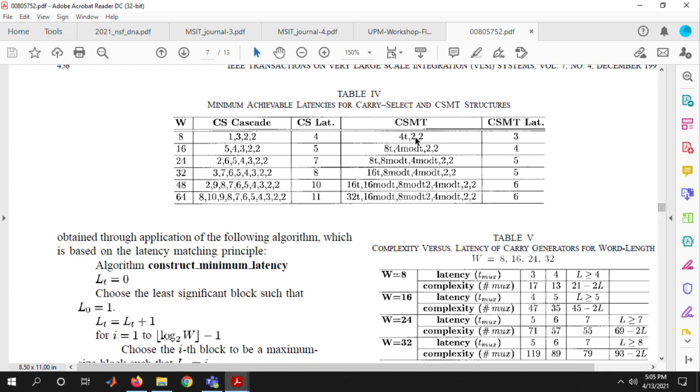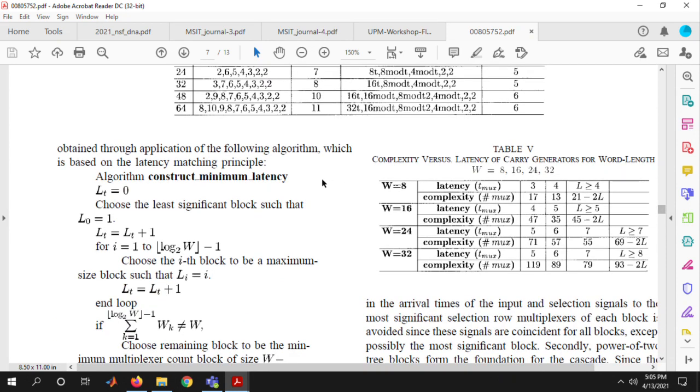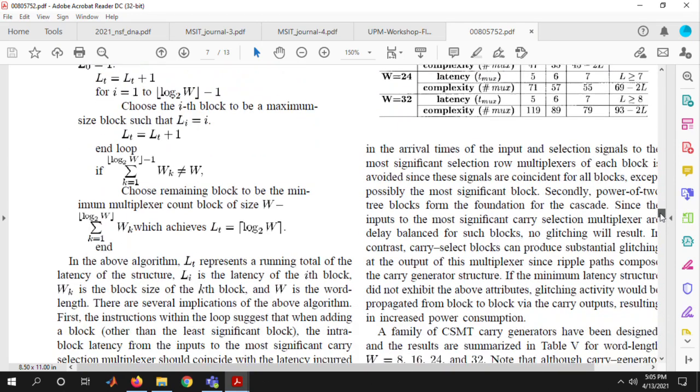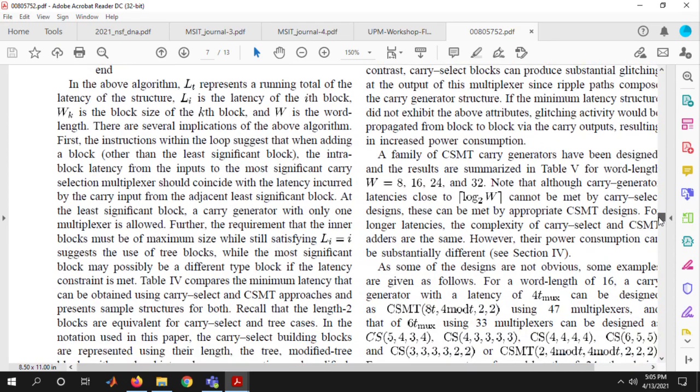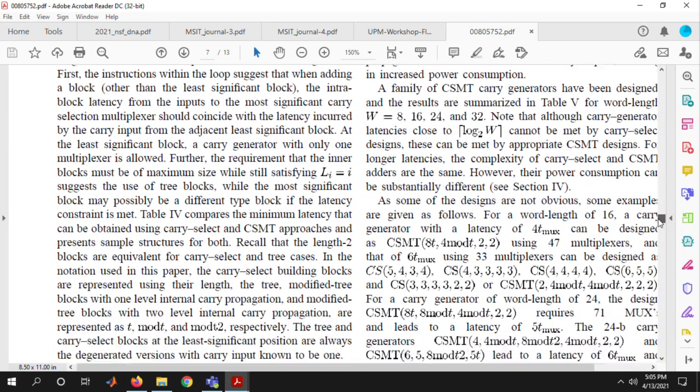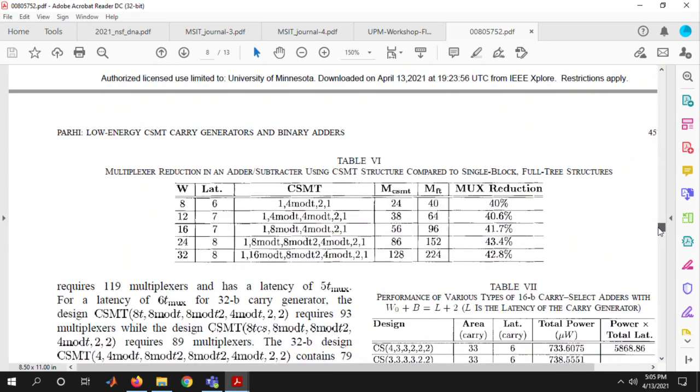So everywhere the design is latency matched. That's the whole principle of constructing minimum latency. So it shows how to select those different types of carry select widths, something that was not considered before. In the past, people talked about carry select widths being the same. What we are showing here is they can be different.